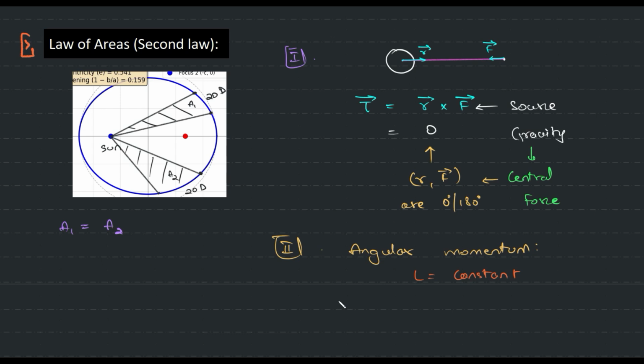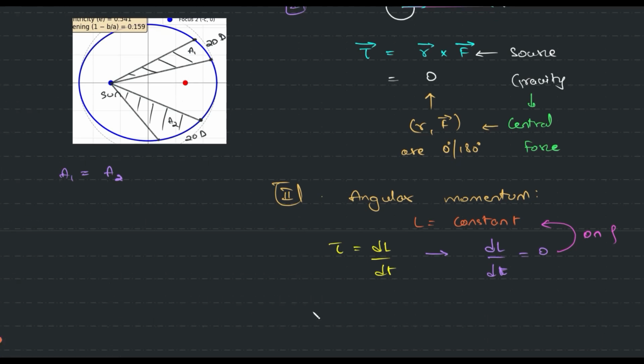This is because torque is given by the rate of change of angular momentum. And since torque is 0, dL by dt will be 0. And if I integrate, on integrating, we'll end up with this relationship.